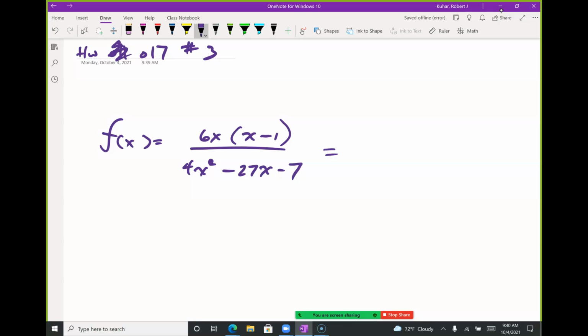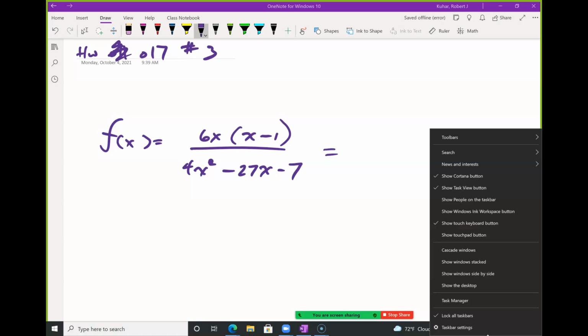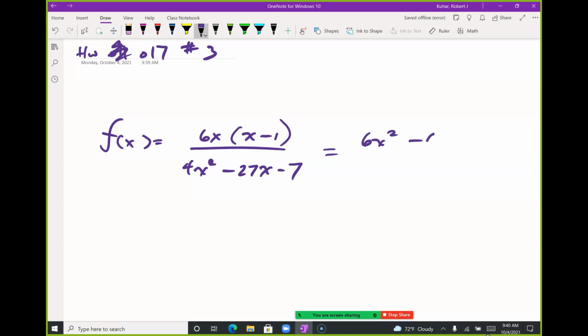So I think I want to distribute upstairs here, 6x squared minus 6x all over 4x squared minus 27x minus 7. So that's my standard form. And remember, I'm going to wrap the new multi-term numerators and denominators before I go to my calculator. So this is my standard form.